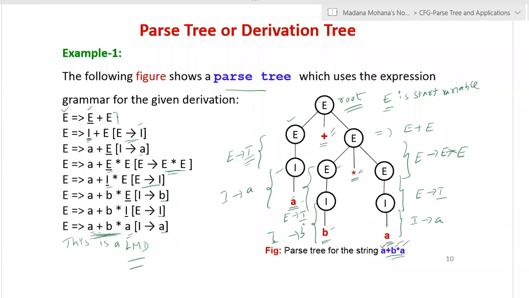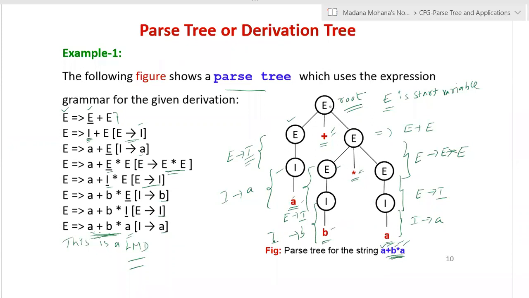The same string can be derived using the derivation tree or parse tree by taking the leaf nodes from left to right, excluding null. If any null is there, excluding it, you will get your required string. All leaf nodes must be terminal symbols, whereas root and internal nodes are from variables.